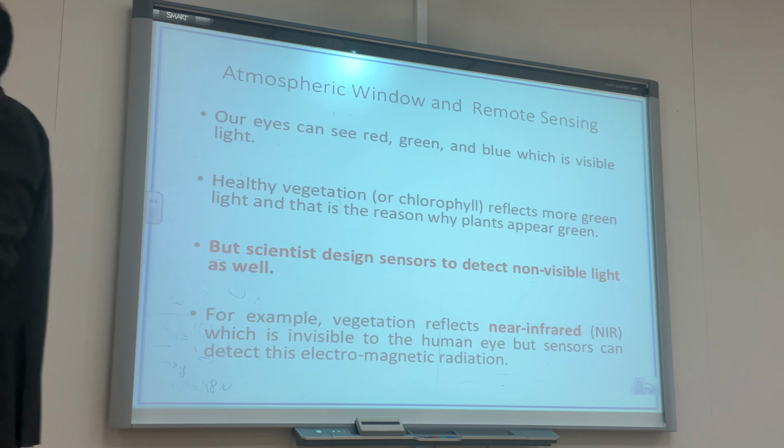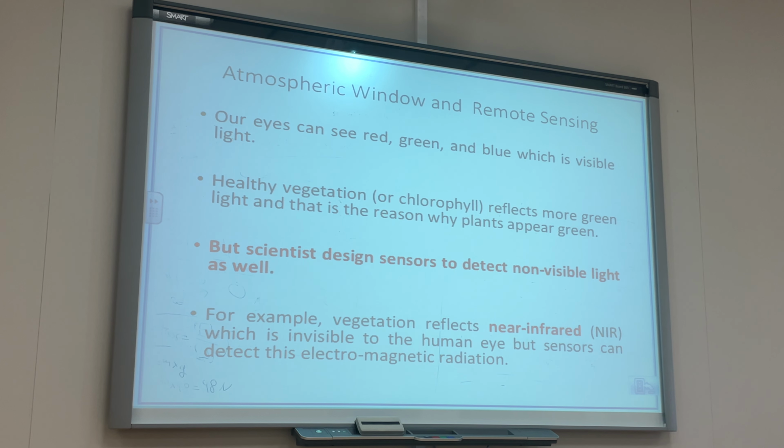Why is it appearing orange? Because all the other wavelengths of visible light are absorbed by this chair, and the orange one is strongly reflected. The others may also be reflected, but the orange one is strongly reflected. That is why we see orange.